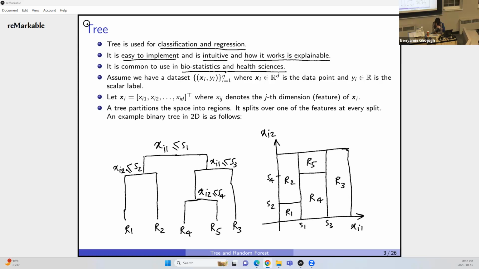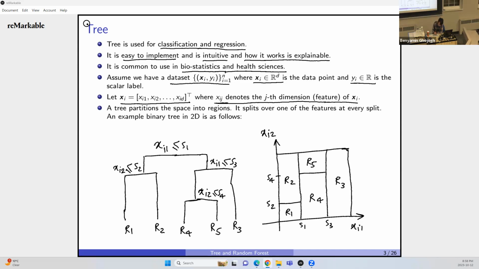Now assume we have a data set of x1 to xn and their labels, y1 to yn. By the way, the labels can be either continuous for regression or discrete for classification. xi is a d-dimensional vector and yi is a scalar label. And let xij denote the jth dimension or feature of xi, okay?